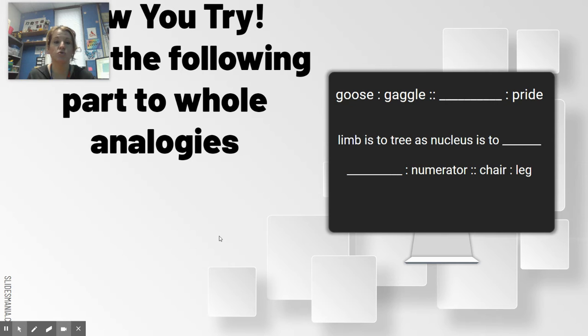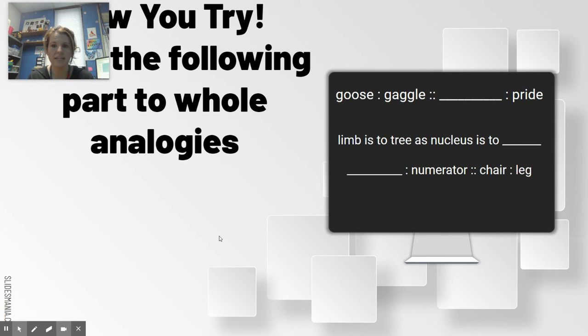Limb is to tree, as nucleus is to. So a limb is a part of a tree. A nucleus is part of a. And then we have blank is to numerator, as chair is to leg. If I look at that given pair, chair is not a part of a leg.